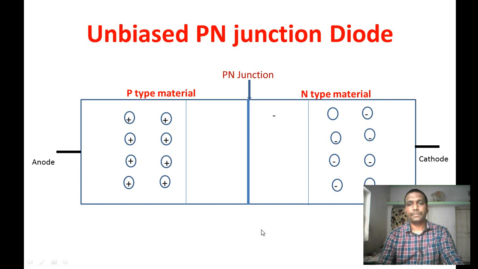Because the concentration of electrons is higher on that side, these electrons cross the junction and gather near the junction. Similarly, because electrons have a negative charge, they are attracted to the positive, and these positive ions gather near the junction.